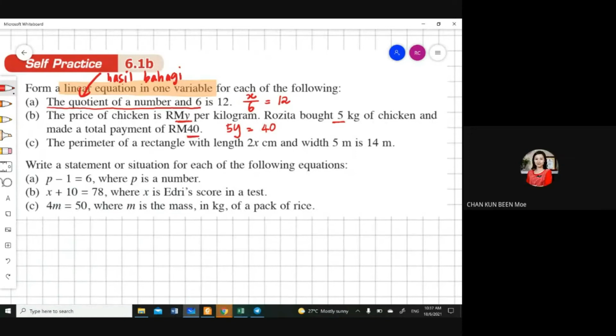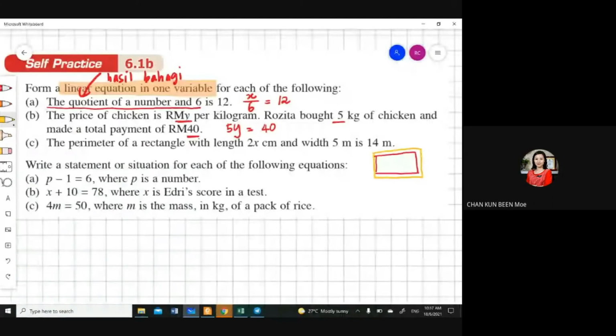Now I continue with C. The perimeter of a rectangle. So you imagine a rectangle. Do you still remember what is perimeter? Perimeter means you add up all of the length, the width, and the length and the width. You add up everything.